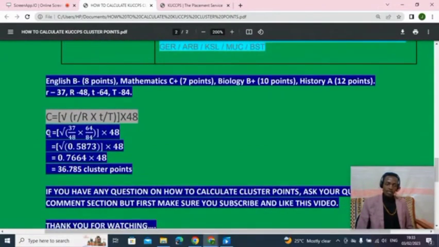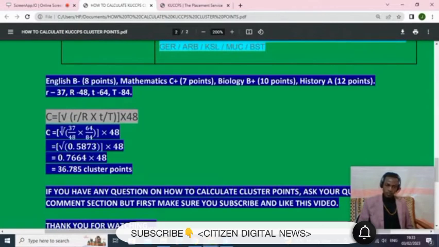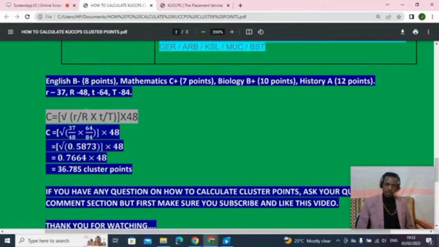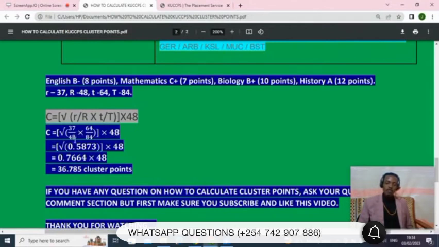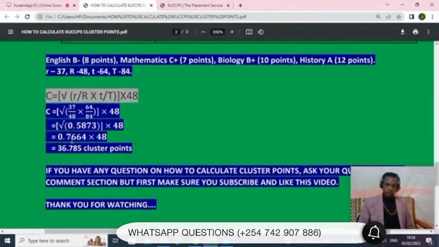That is C, that is cluster point, is the square root of bracket 37, that is the cluster subject total of the student, over the total, that is 48, multiplied by 64, that is the point of the student over the total 84. Then close the bracket, multiplied by 48. The 48 we are using to multiply is the same 48 of the total cluster point.